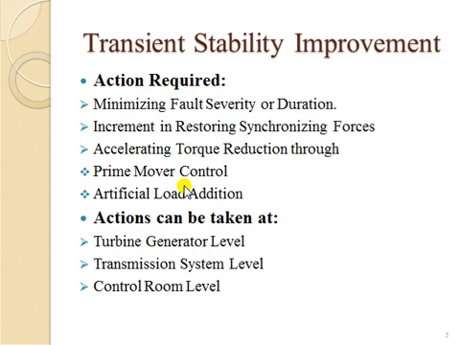The third point is accelerating torque reduction through prime mover control and/or artificial load addition. Another point: all these techniques may or may not be applied simultaneously. For some faults you may require multiple techniques, but the condition is that the application of one technique should not impact the action of another. That is the typical condition in applying these stability improvement techniques.